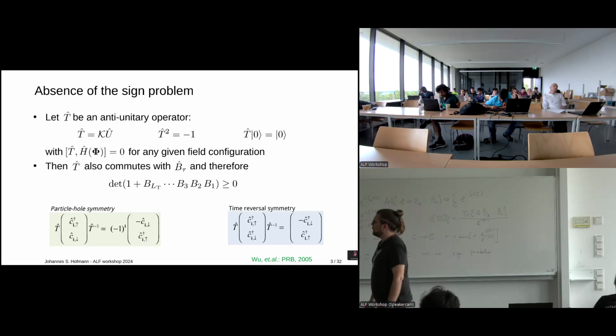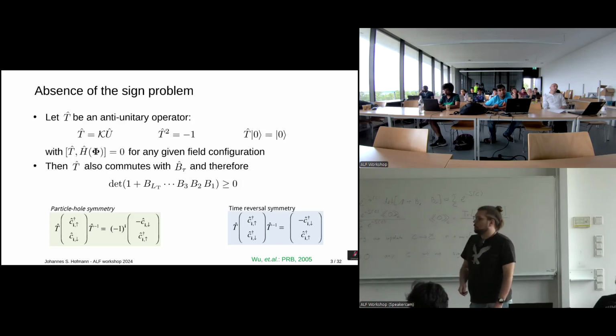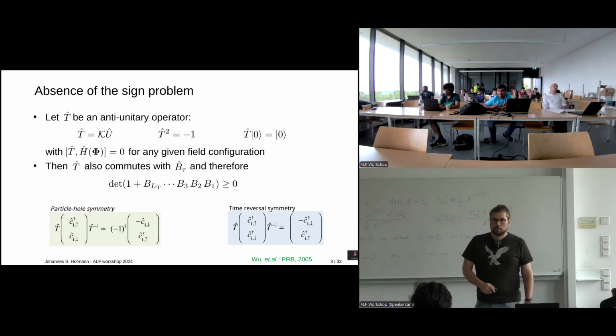And if this is the case, then the V matrices inherit the time reversal symmetry, the product of the V matrices inherits the time reversal symmetry, this whole expression has the time reversal symmetry, and I know that the eigenvalues come in complex conjugate pairs.